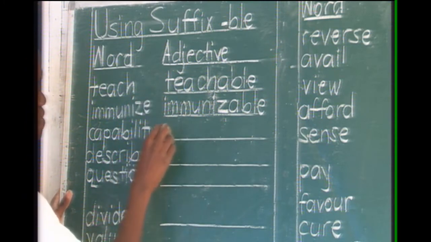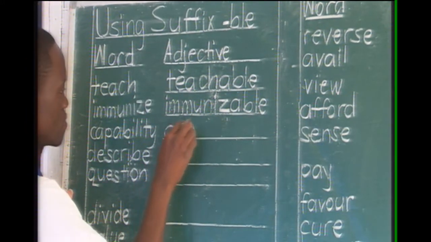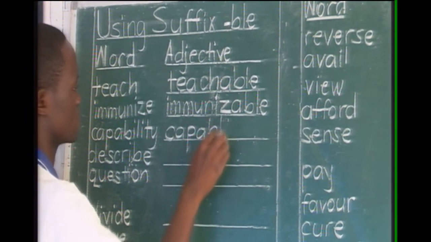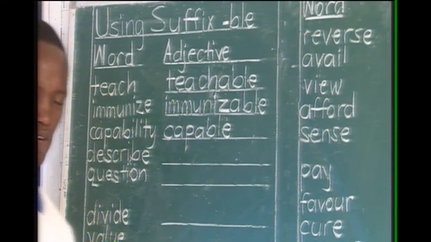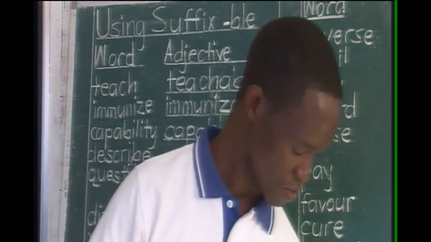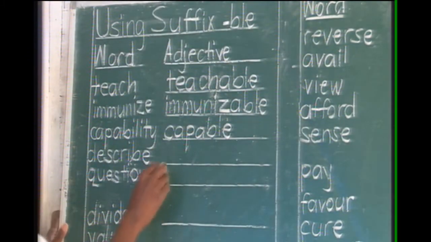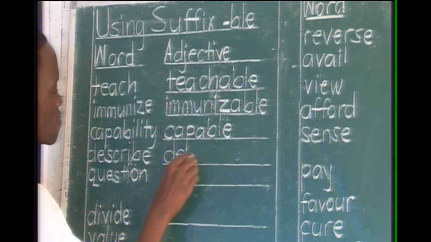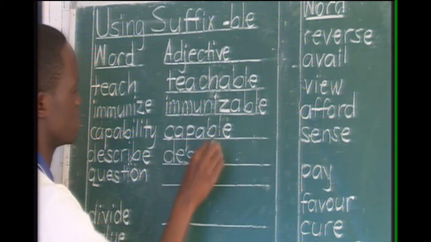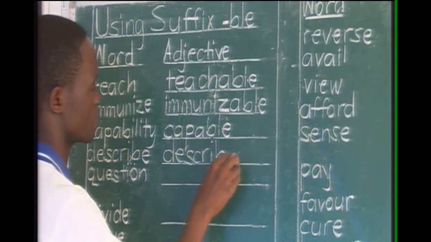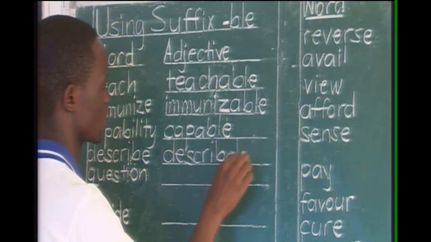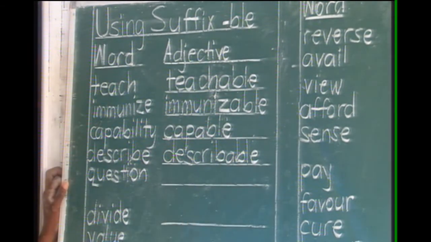Capability, capable, is our adjective. Next is describe. From describe, our adjective is describable. We are throwing away the last E and replacing it with A-B-L-E. Describable.